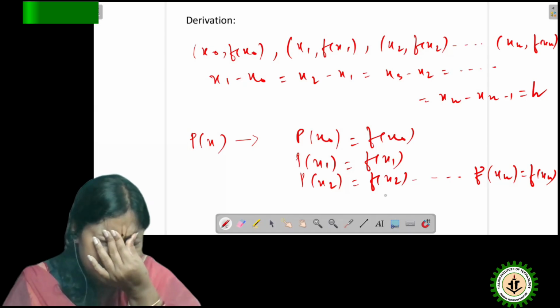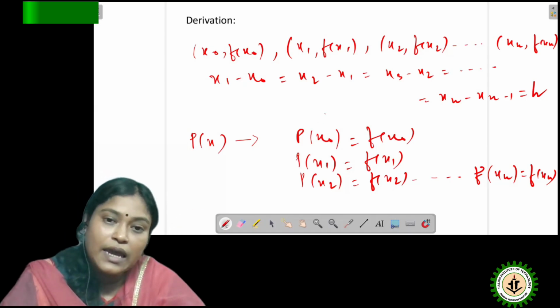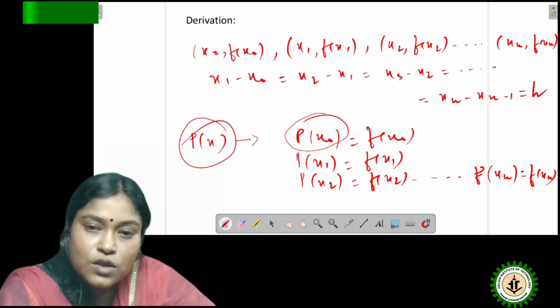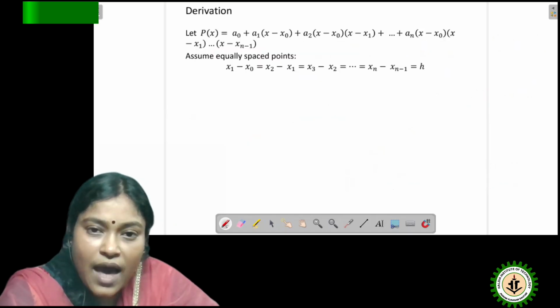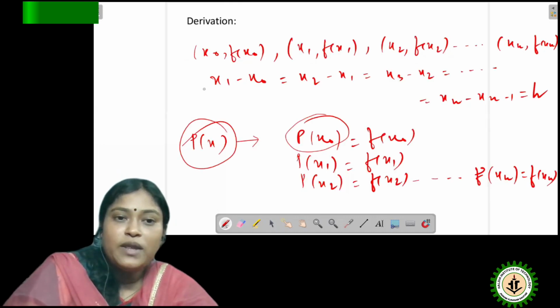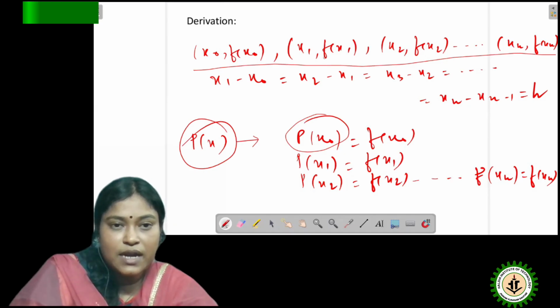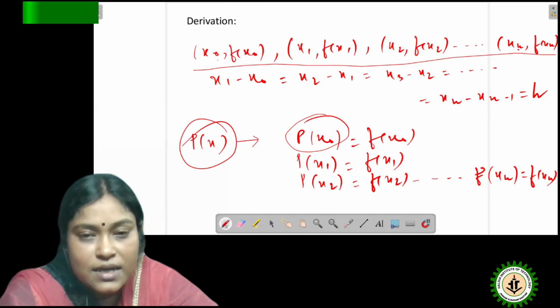So we will find the interpolation polynomial p of x. One more thing, how many data sets do we have? We have n plus 1 data sets, starting from 0 up to n.